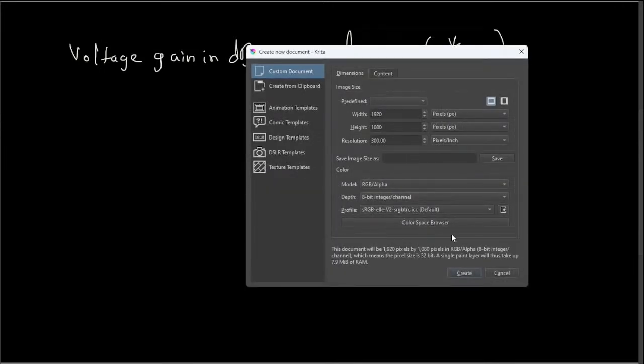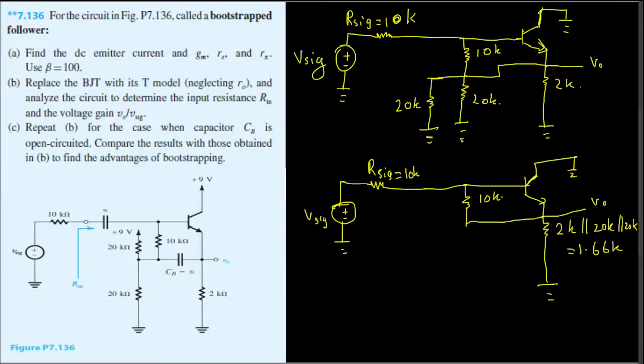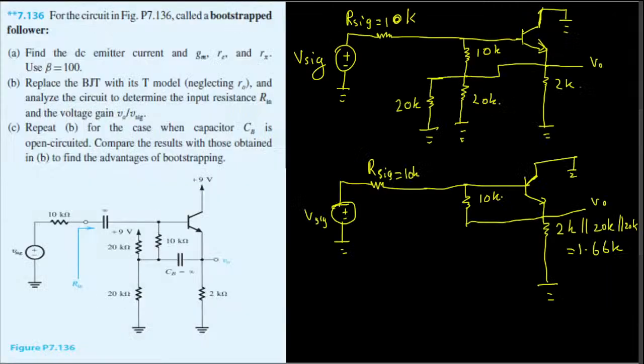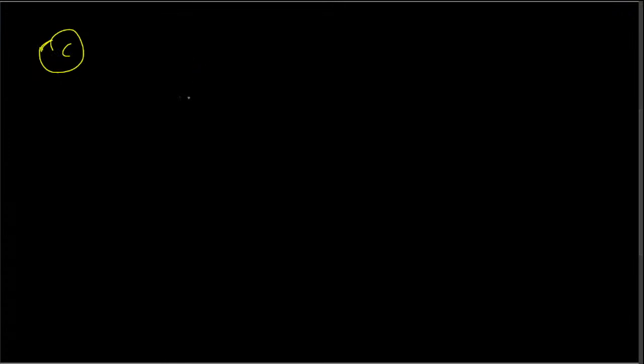In this video I'm just going to focus on part C. In part C, if we draw the T model, the collector, emitter and base remain the same, only this BJT will be replaced with an emitter resistance, and the collector current will be replaced with gmVπ and stuff like that. So let's do that.